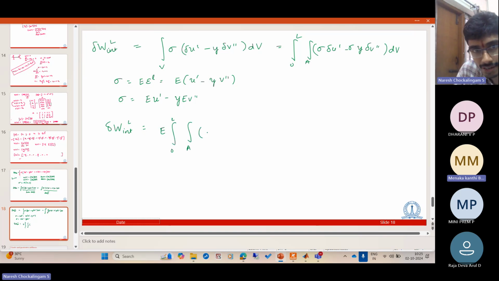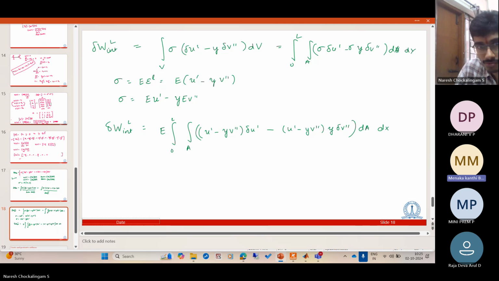And you can write this as u prime minus y v double prime times del u prime minus y del v double prime, entire thing integrated over the area, dA dx.